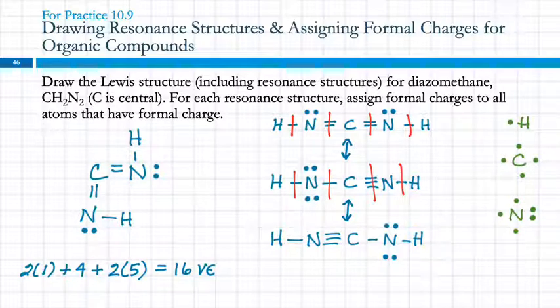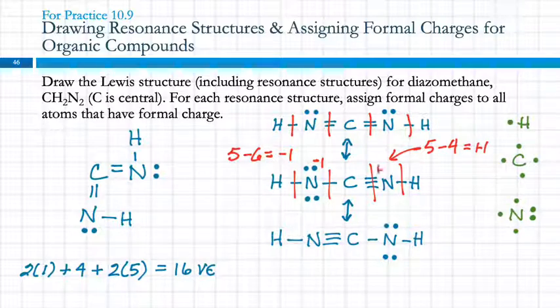Over here, nitrogen brings 5, always brings 5. How many is it leaving with? 6. 1, 2, 3, 4, 5, 6. So this has a -1 formal charge. And this guy over here brought 5, leaving with 4. So that's a +1 formal charge. Okay?